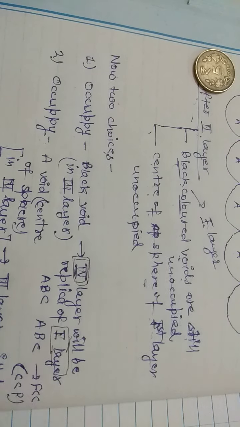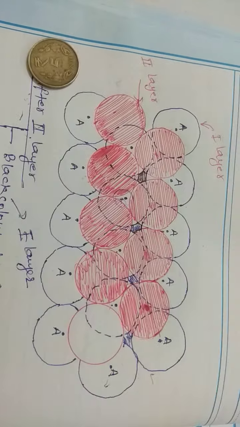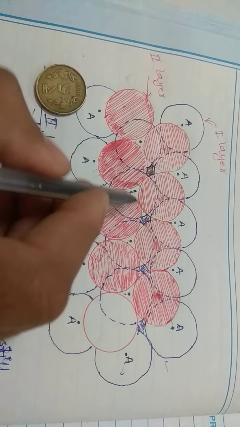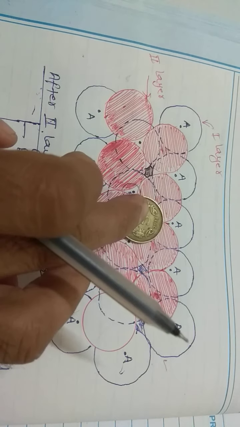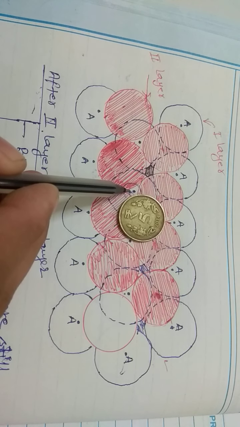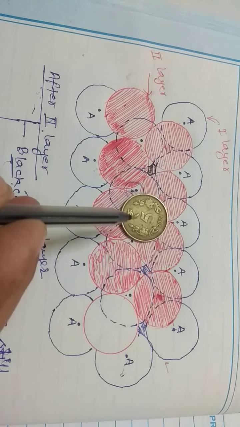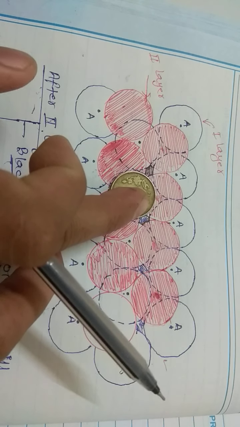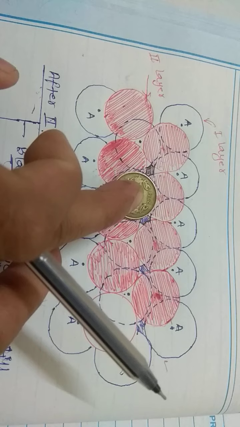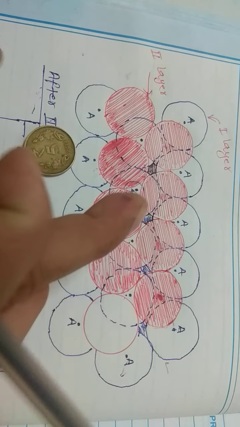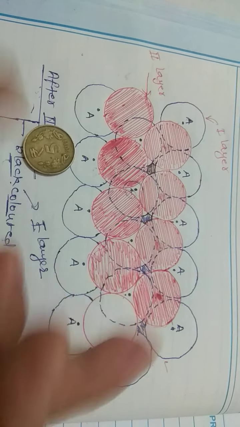Because in that case, if you occupy this black space, then this unoccupied space will be occupied in the fourth layer, and the fourth layer will be the same, because in the fourth layer the particle will be just above the center of A. So the first layer gets repeated.